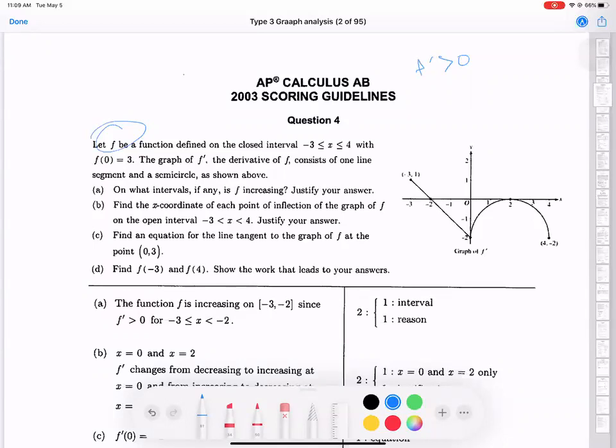And in this case, let's try it. Is f prime greater than 0 here? Is f prime greater than 0 here? Is f prime greater than 0? Well, f prime, the derivative, which is this graph, is negative in this whole section here, right? So the only part that it is positive is this section here.